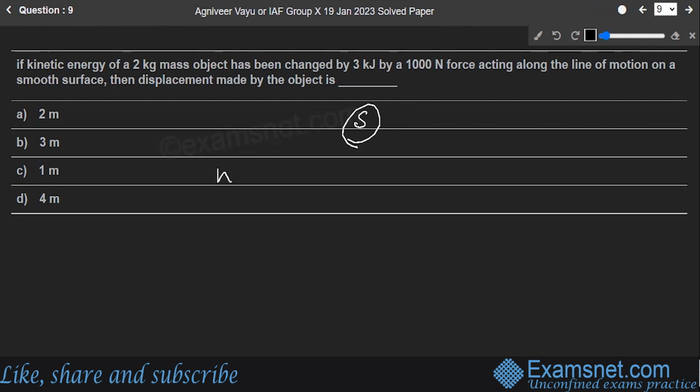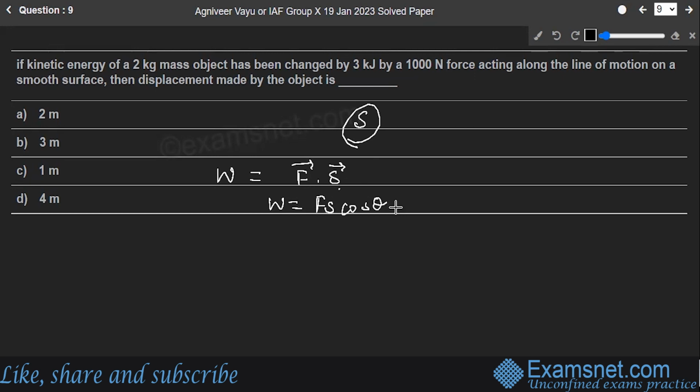Now the work done in this case is given by, because force is a vector quantity, F into displacement, both are vector quantities. So this will be given by force into displacement into the cos of the angle between them. Cos theta, where theta is the angle between the force and the displacement.